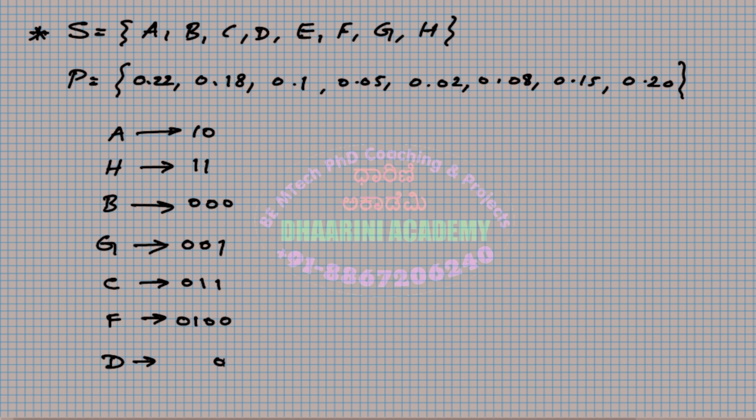This is 1110. And which is the last symbol? E, right? Okay. 0 followed by 4 ones. Correct? Okay.